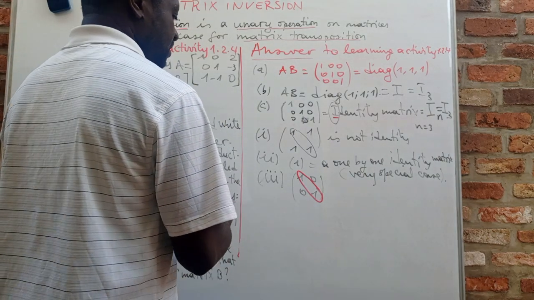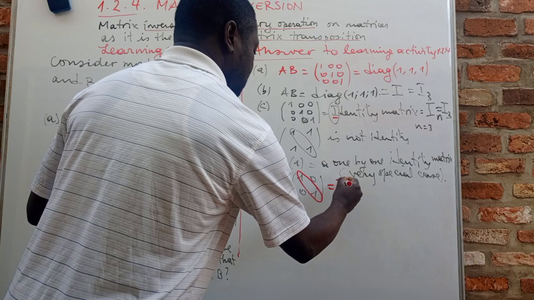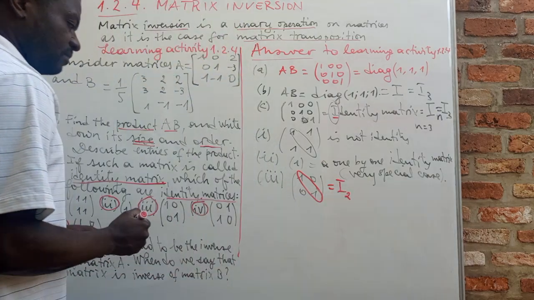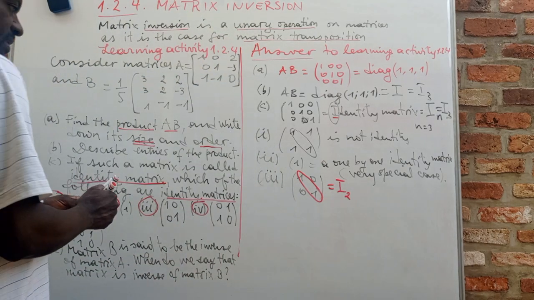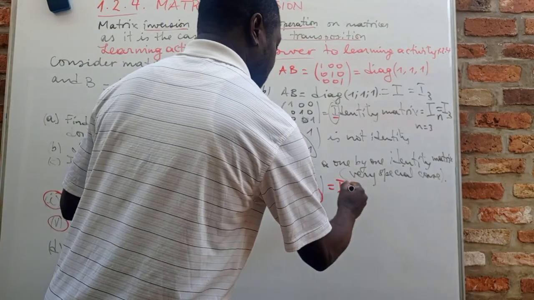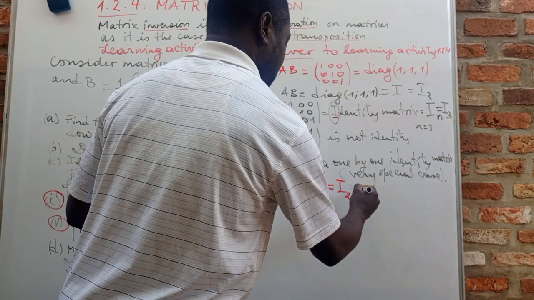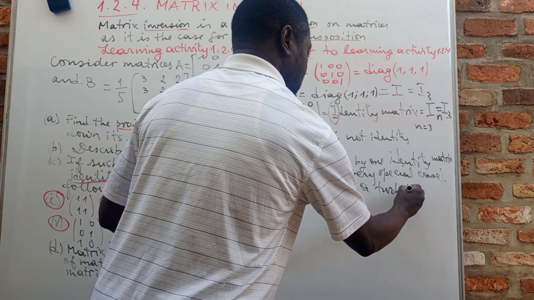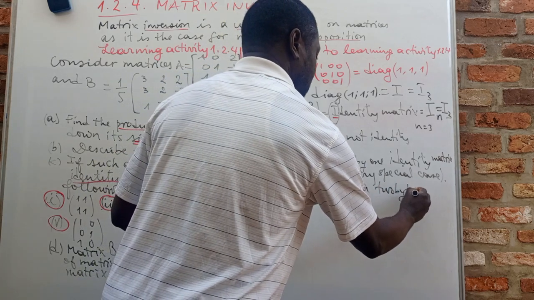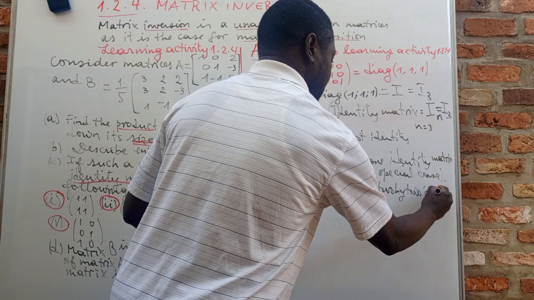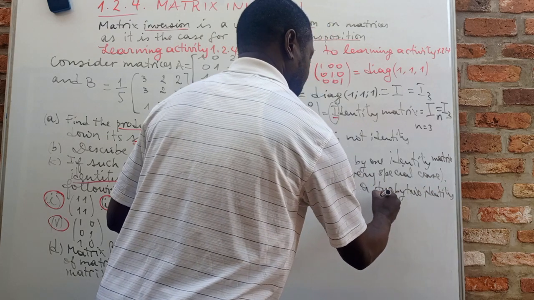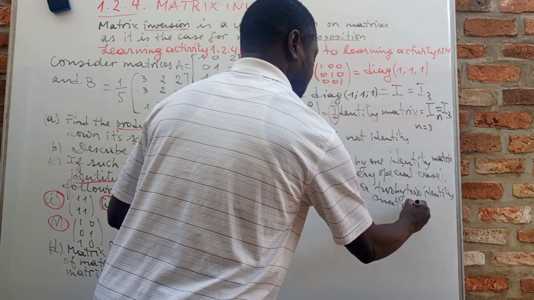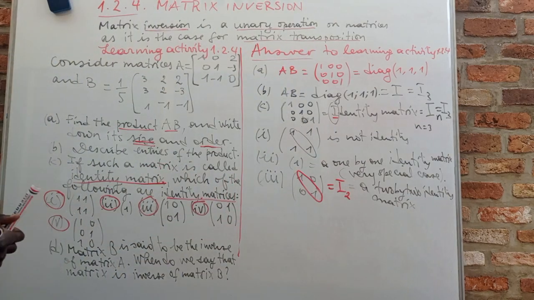This is exactly an identity matrix of order 2, a 2 by 2 identity matrix.